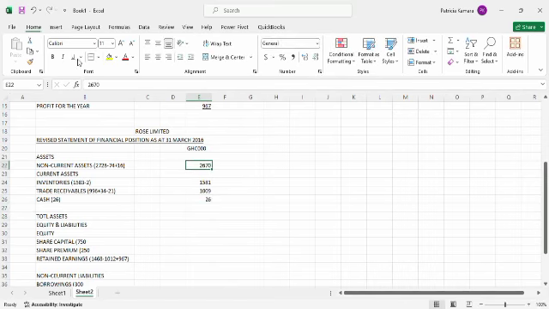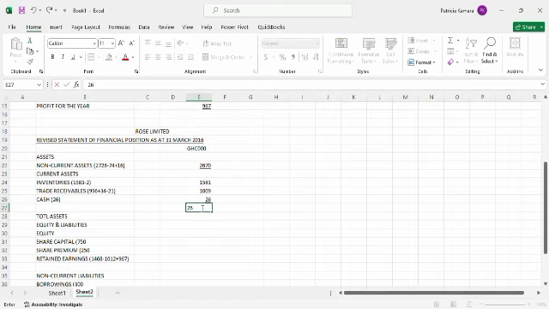So we can underline this. Let's calculate our total current assets. 1581 plus 1009 plus 26. That will give us 2616. So we underline.